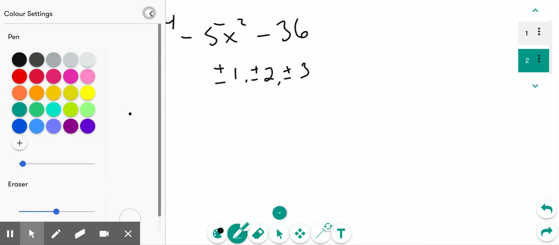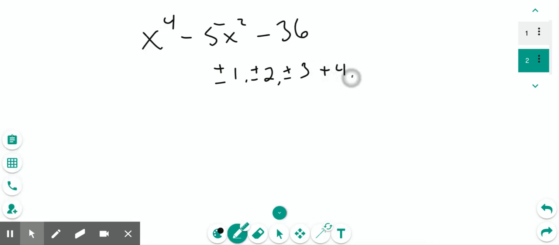So plus or minus 3, plus or minus 4, plus or minus 6, plus or minus 9, plus or minus 12, plus or minus 18, and plus or minus 36.